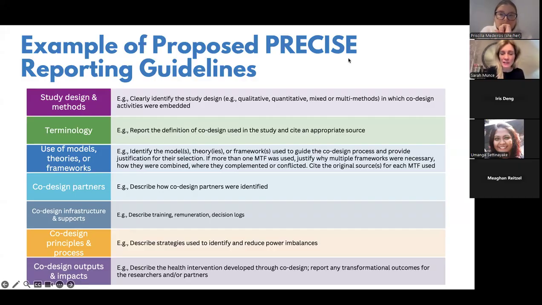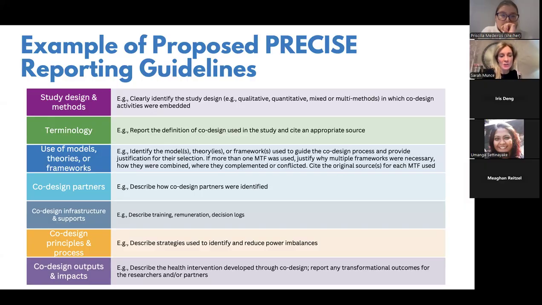Increasingly we're recognizing the importance of training in co-design as well as engagement work, training for both the partners, but also starting to think about training for the researchers. That is an item we're including in our survey, along with being transparent about remuneration, as well as reporting on the use of decision logs and how decisions were made, and how any conflicts, for example, were dealt with.